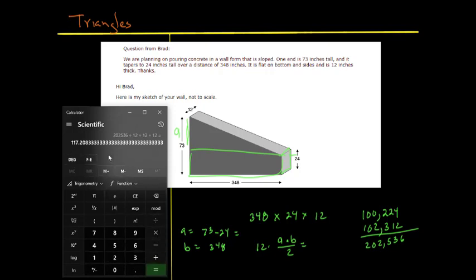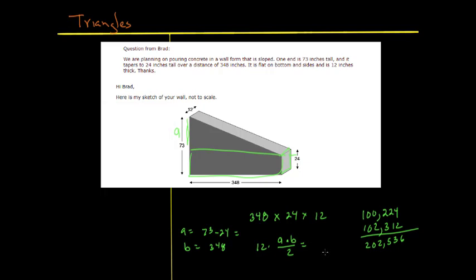And we get 117.21 maybe? 117.21 cubic feet, or it might look like feet cubed. 117.21. All right, there you have it.